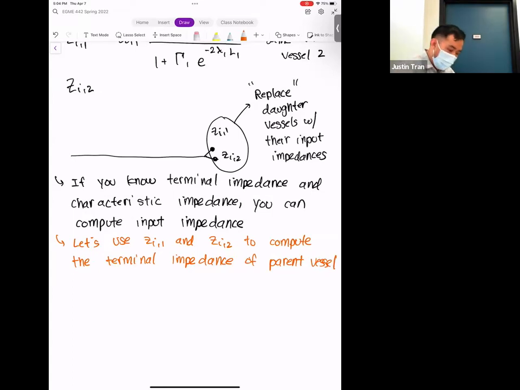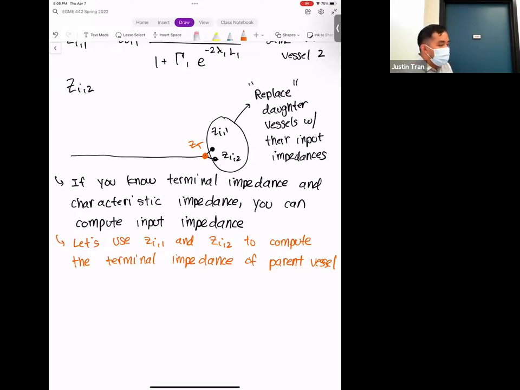The ZT we're computing is right here. Let's recall the definition of terminal impedance: it's the impedances of all the downstream vessels.